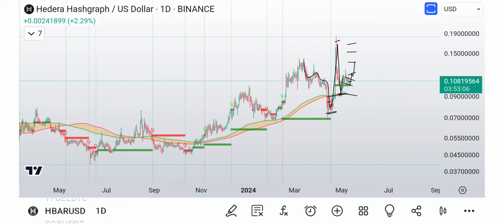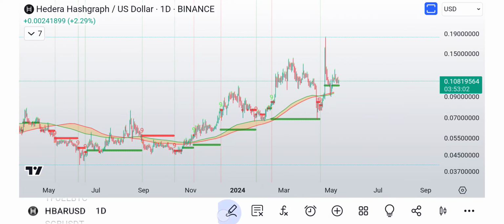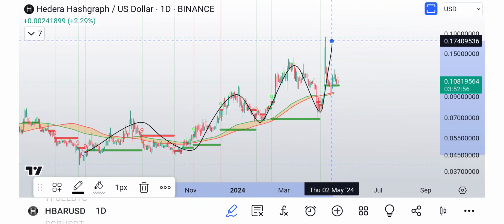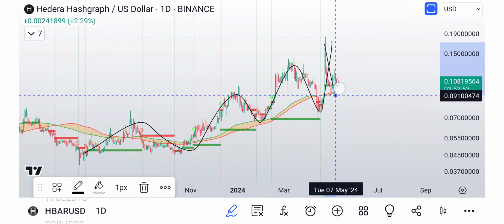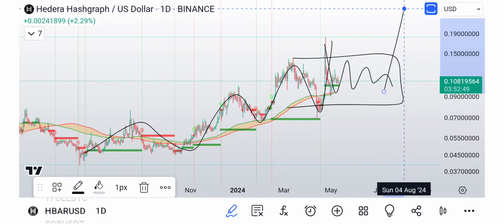Now, I would expect probably a little bit more correcting, because if you look, we have 1, 2, 3, 4, 5, 6, 7, even counting the correction. So I would expect something like this before another pump, unless of course this is a running flat.